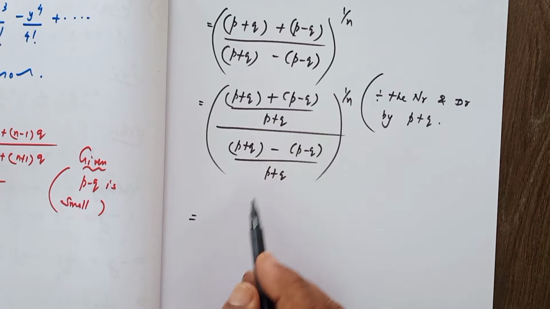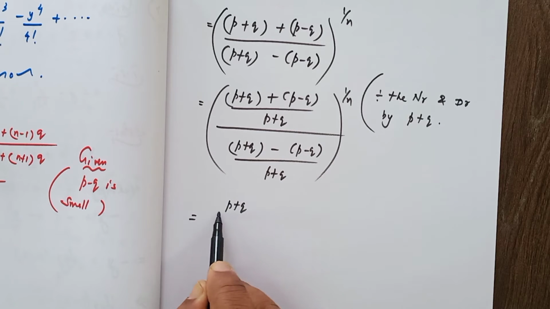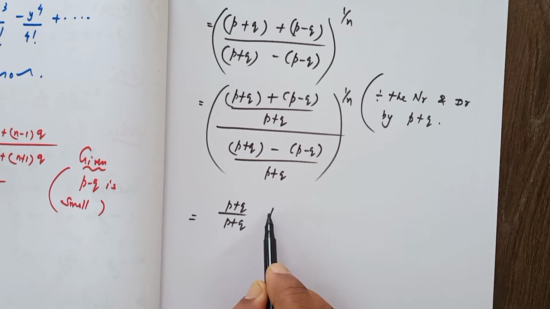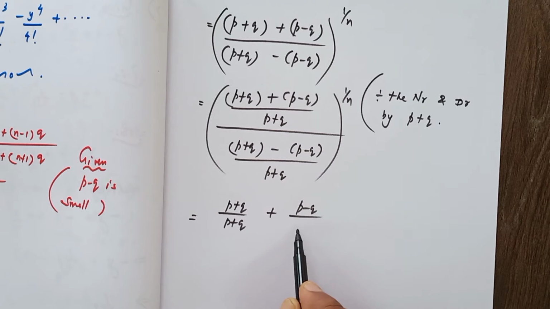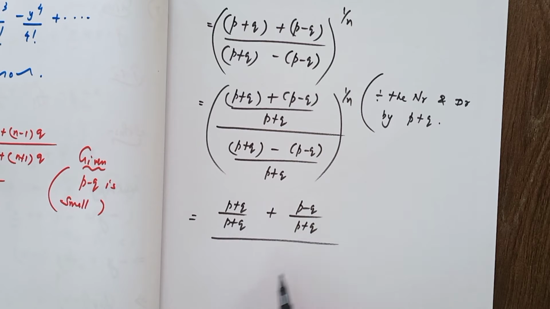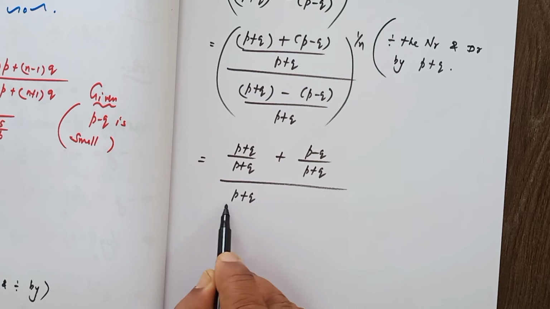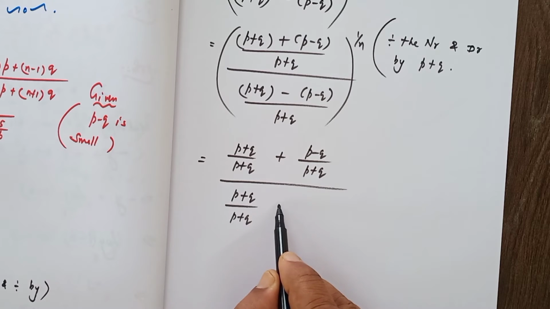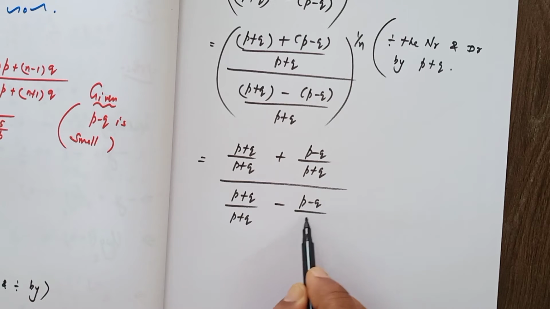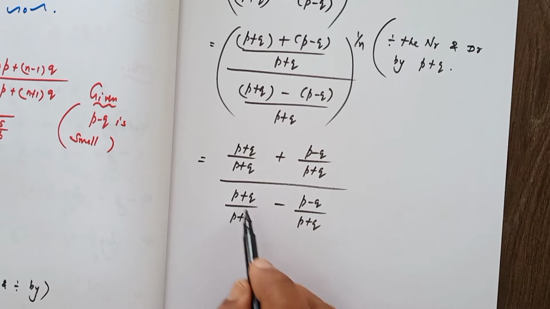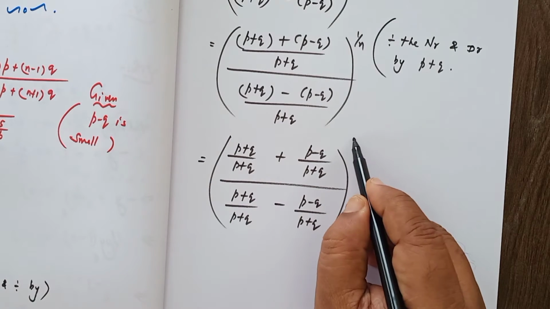as p plus q by p plus q plus p minus q divided by p plus q, whole divided by p plus q divided by p plus q minus p minus q divided by p plus q, whole power 1 by n.